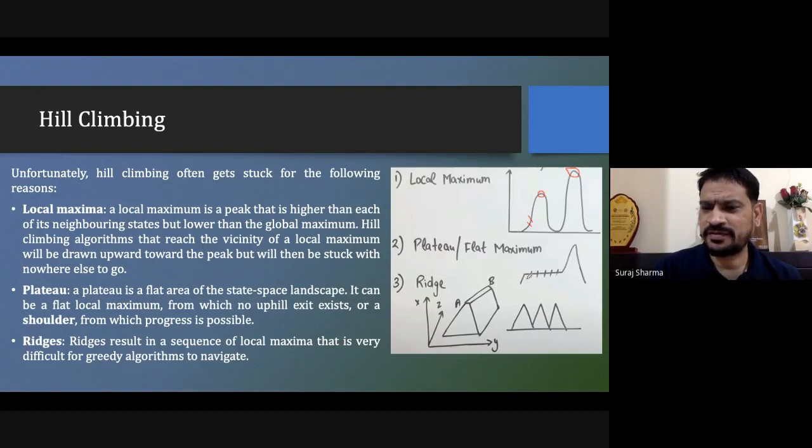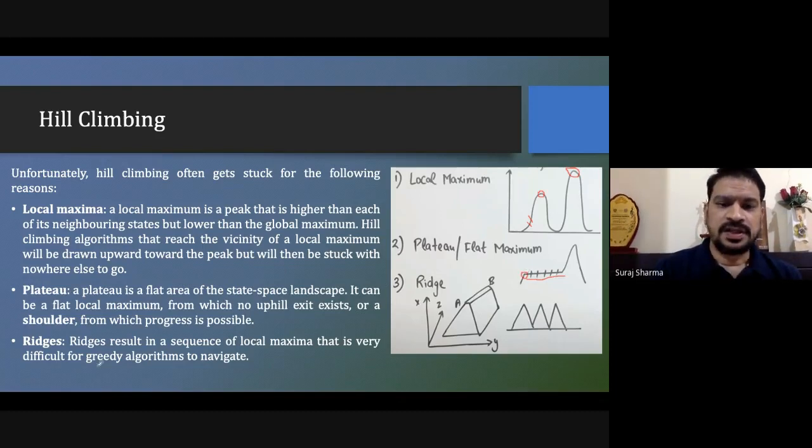If you reach this particular state here, we cannot go further. Why can we not go further? Because all these values are equal to this value. That's why this is another problem. If you get a flat surface, you cannot go further. Instead, you will be here and you choose this as your goal. But this is not the goal. This is local maxima. Locally, it is maxima, but it is not globally maxima.